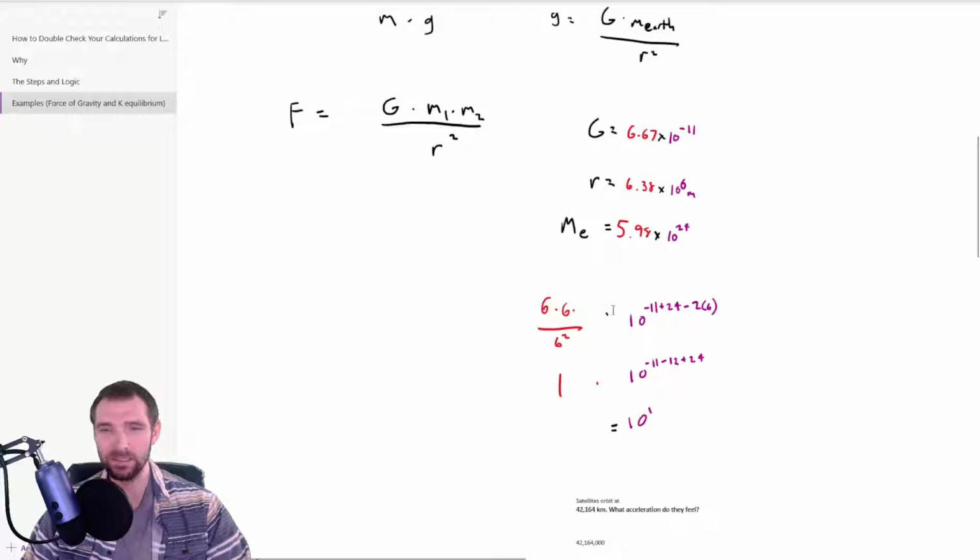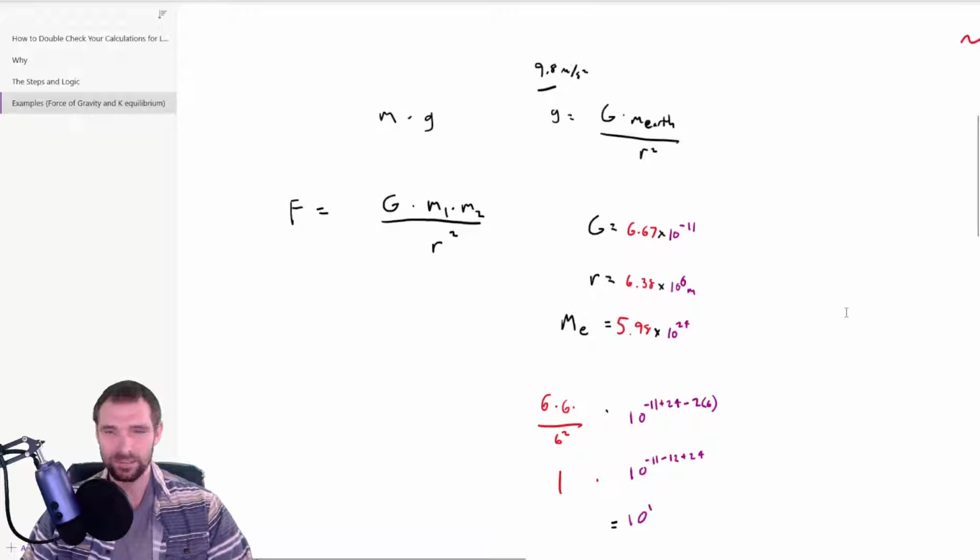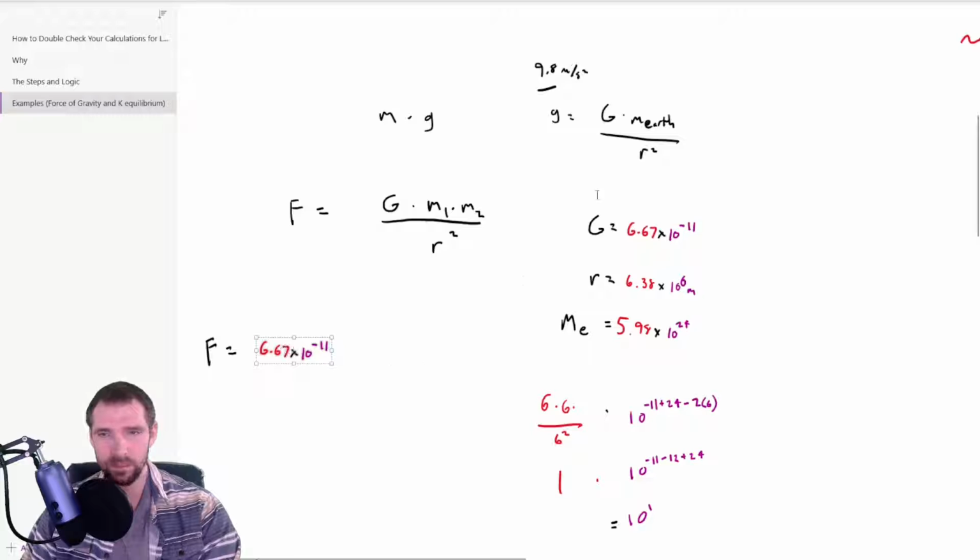It's probably around 1. And then what's really interesting is if you look at these exponents here, you've got 10 up to the negative 11 right here. So let's actually just rewrite this whole thing so you can kind of see it. We've got the force of gravity right here, which is equal to that first number right here, being multiplied by this number right here.